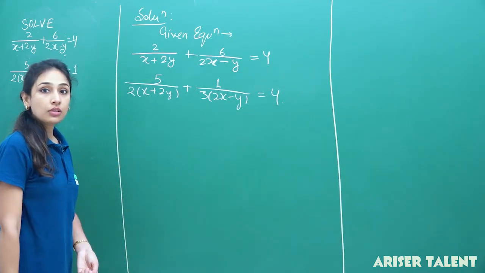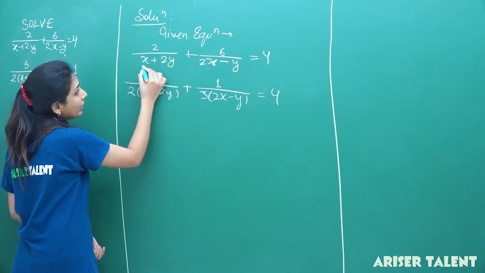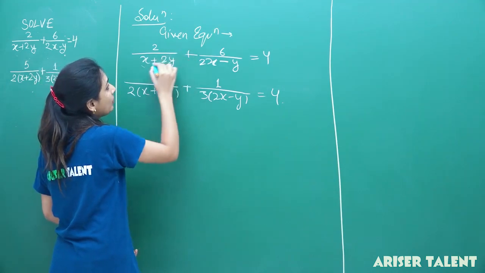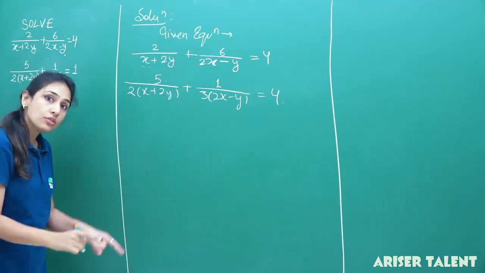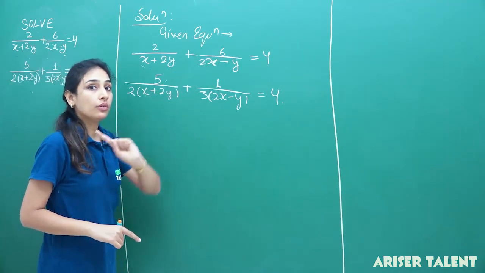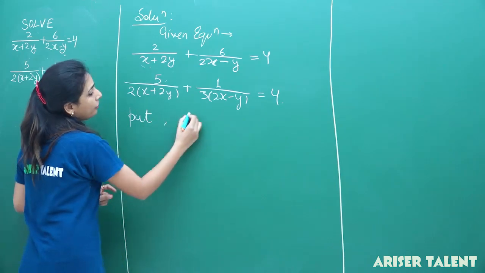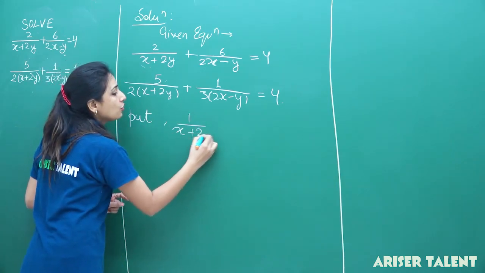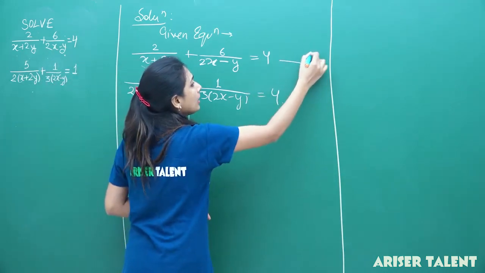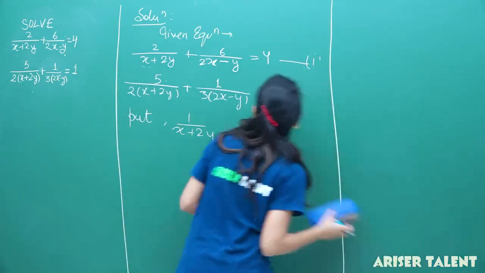Now students, what will we do? We are going to put 1 upon x plus 2y equals u, and this equals v. Now name these equations. And no, this is not 4, this is 1 here, right?